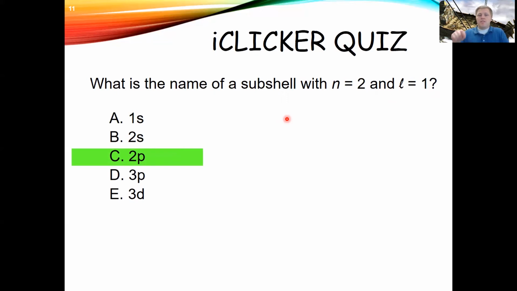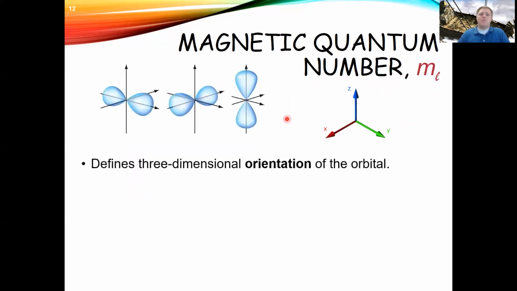Just to talk about the specific orbital itself, we're going to have to use the next quantum number, the magnetic quantum number, which really just describes which direction this is facing in. And when you get into more complicated orbitals like d and f orbitals, it can also describe funky shapes that you get.